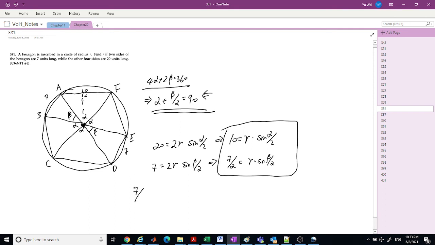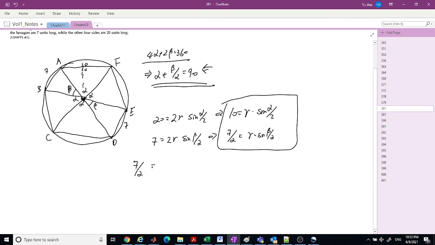So we know the 7 over 2 is equal to r times the cosine alpha, and the 10 is equal to r times the sine alpha over 2. Okay.